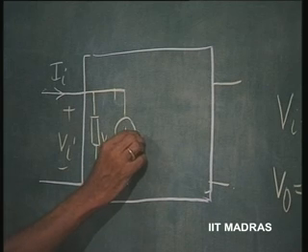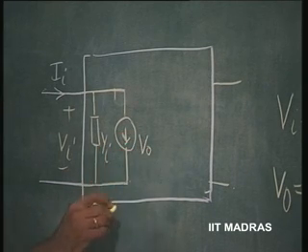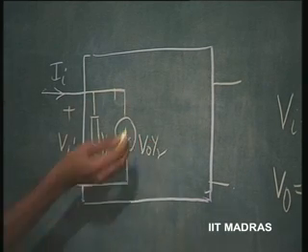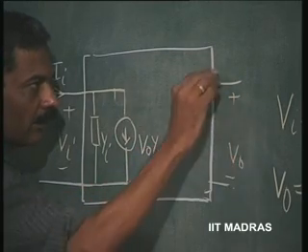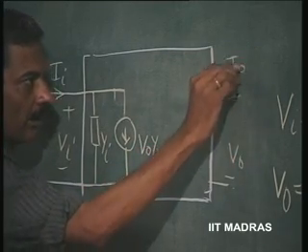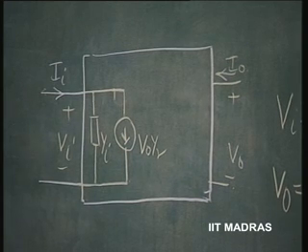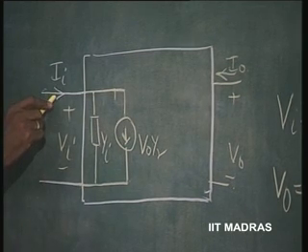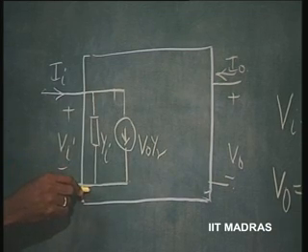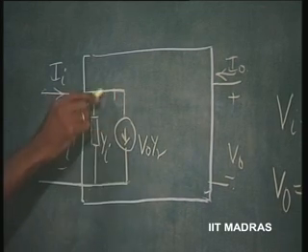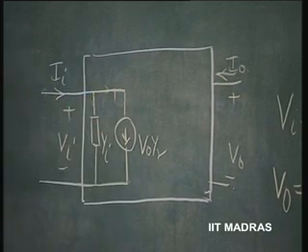So, this will be V0 into YR. So, II is equal to Vi into Yi plus V0 into YR, two currents, Kirchhoff's law.